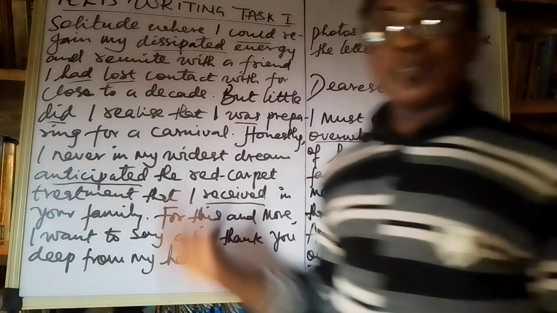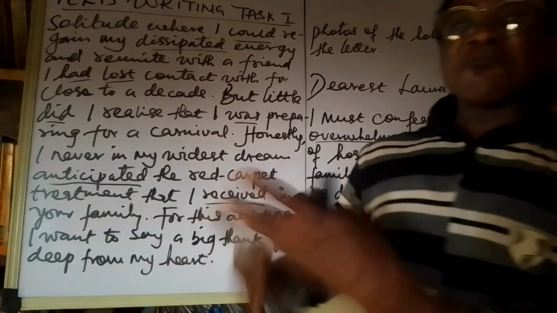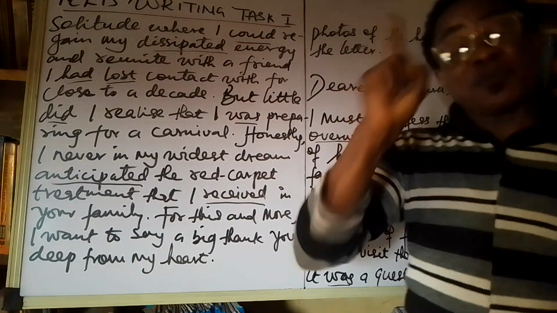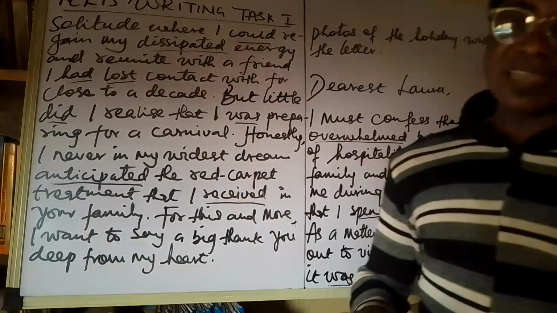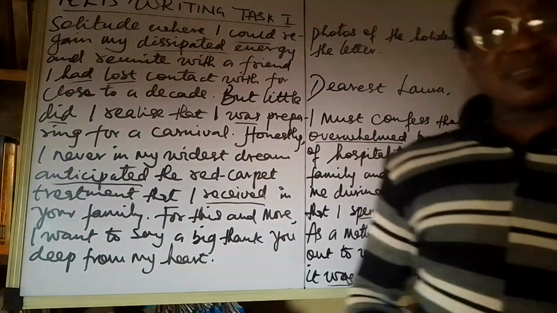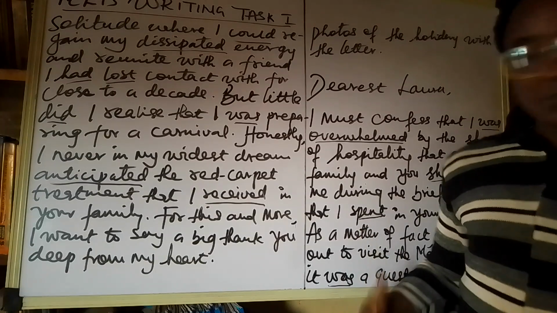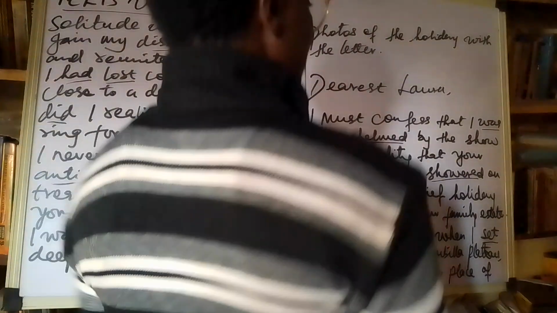Now, in this first paragraph, we have made use of the first bullet point. That's the first point in the outline, which says, thank your friend for allowing you to stay with them. We are now ready to take the second paragraph.